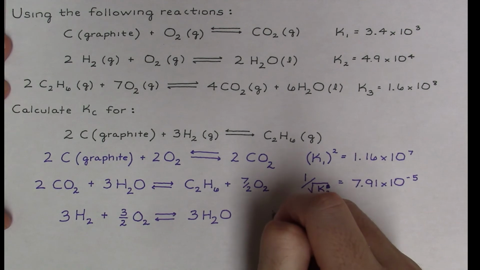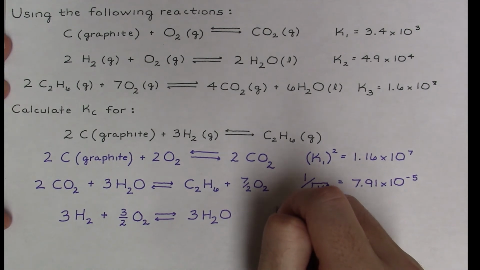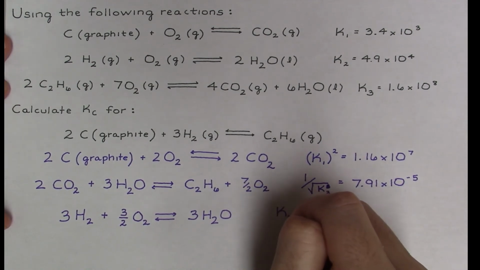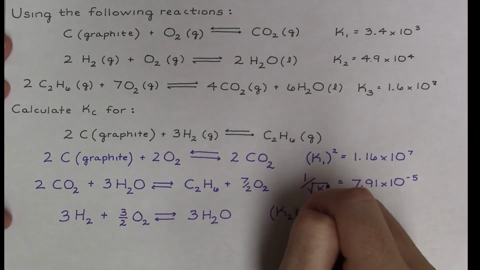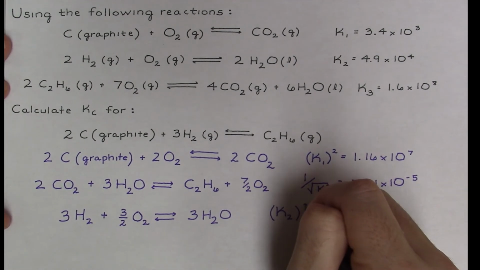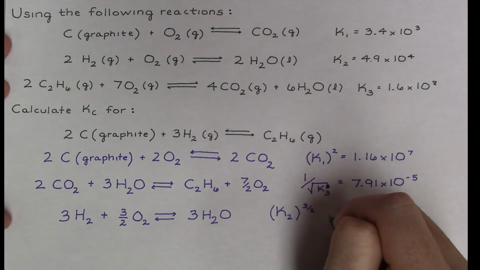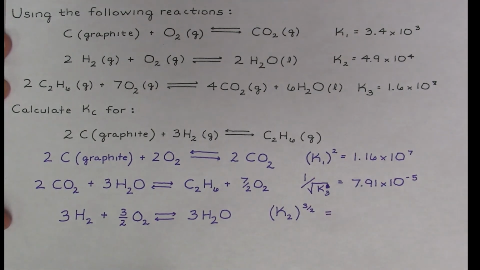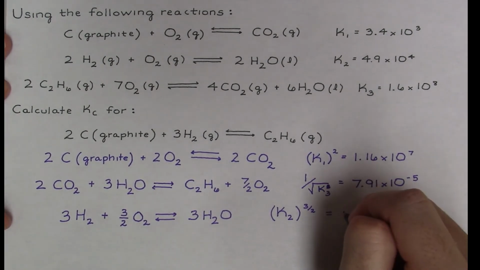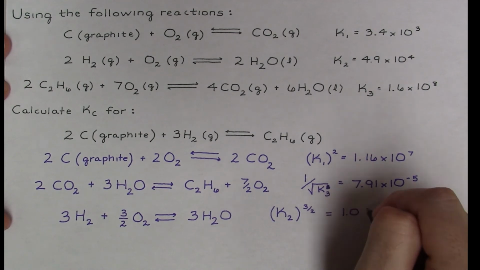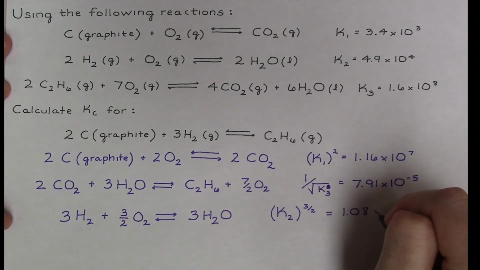So in this case, I've got to look at K2, and whatever I did to the coefficients of the balanced chemical equation, I must do as an exponent. So now this will be K2 raised to the 3/2 power. This will give me a value of 1.08 times 10 to the 7th.